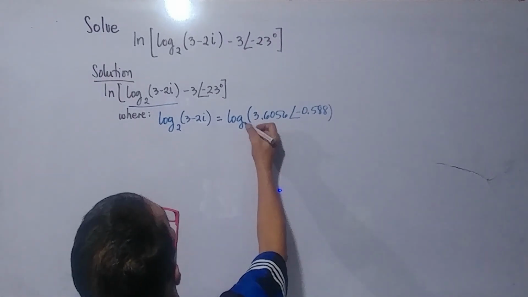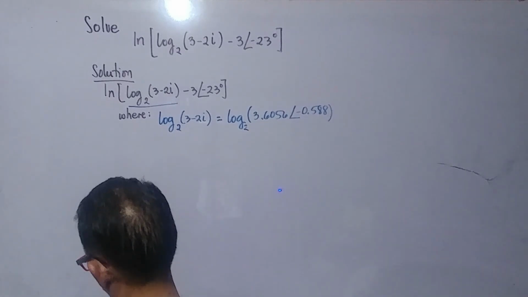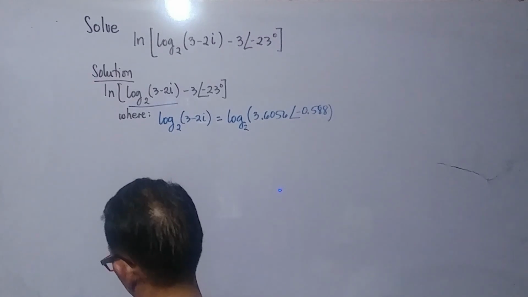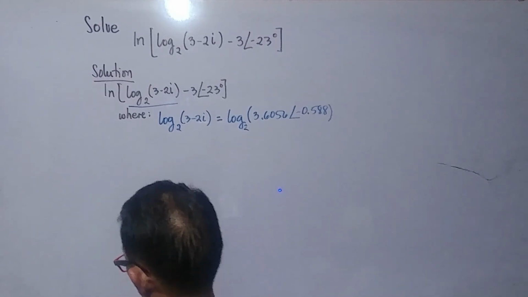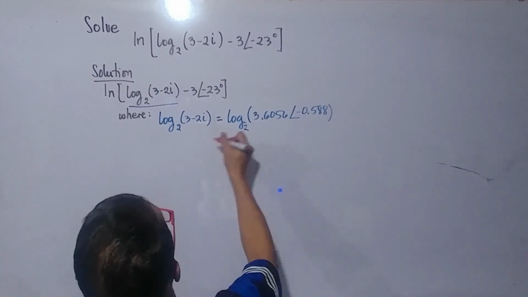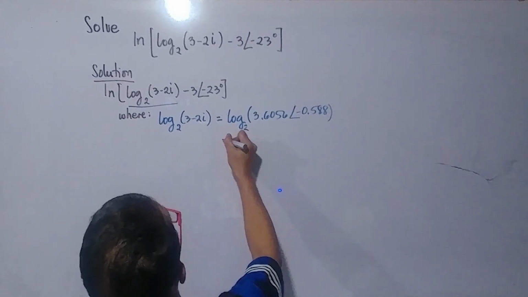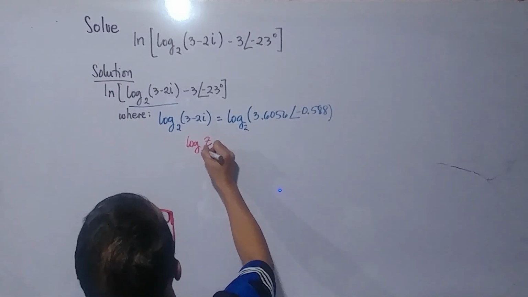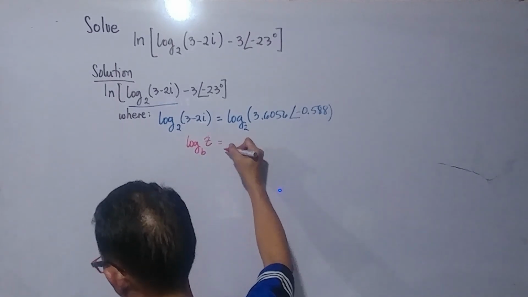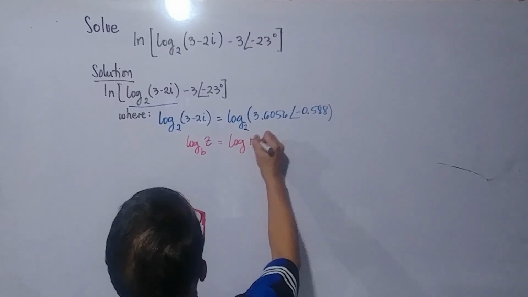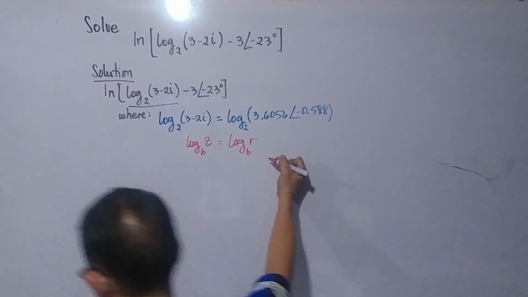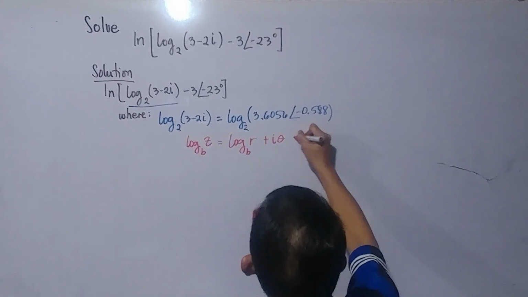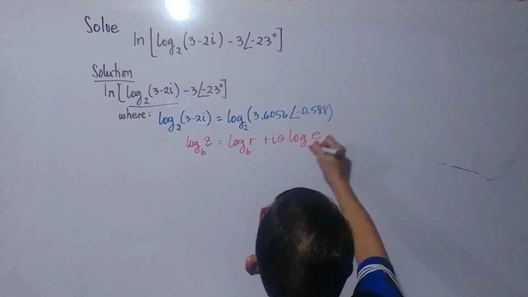Base 2. So our formula here, logarithm of z base b equals logarithm of r base b plus i theta logarithm of e base b.